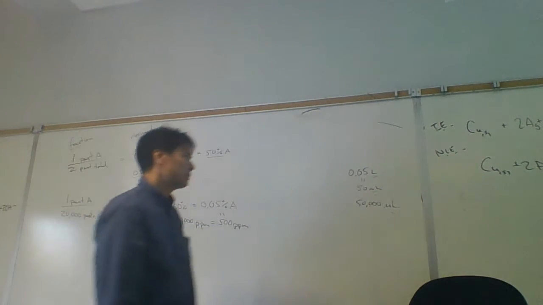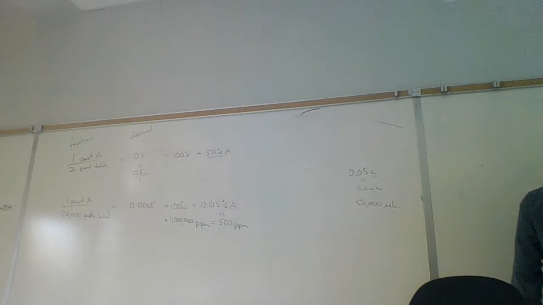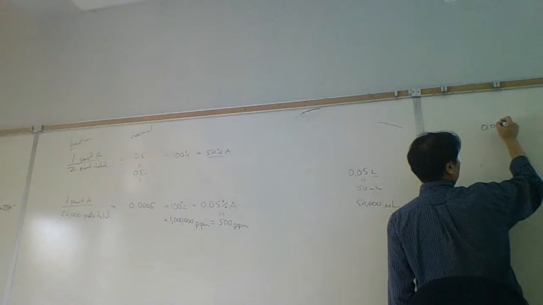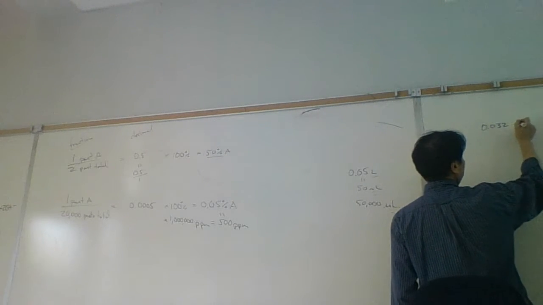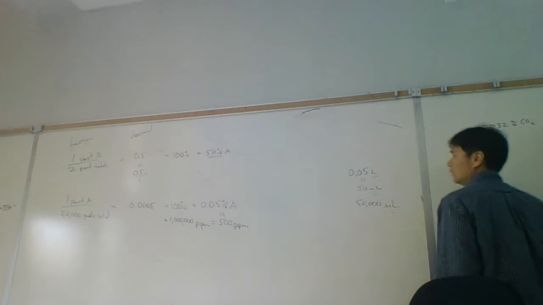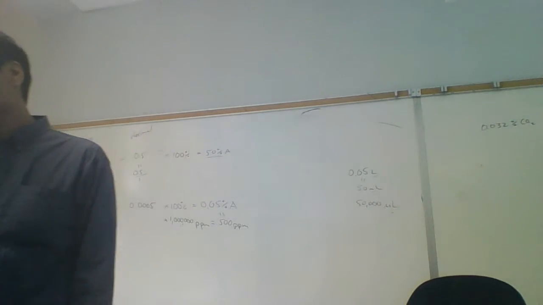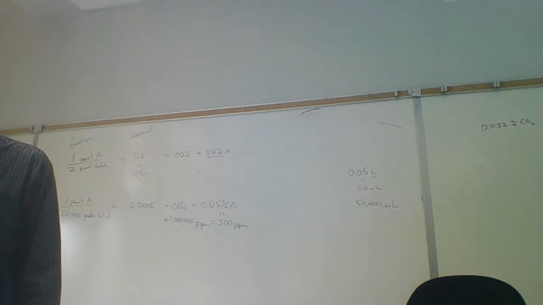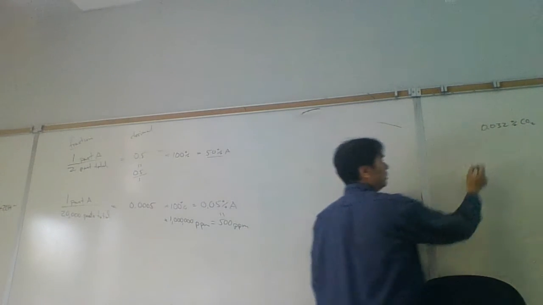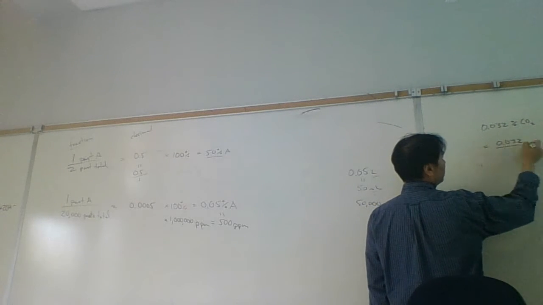For example, the composition of CO2 in air is 0.032% CO2 in air. Well, 0.032% is probably not the most convenient, although it's convenient in the sense that everything's given as percentage, so you can see that this is very small. But 0.032% means that we have 0.032 out of 100.